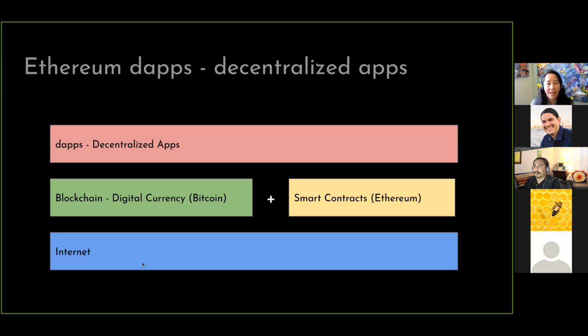So we all know the internet, and then I mentioned the blockchain, which was first built by Bitcoin using just a digital currency, and so it wasn't doing anything other than digital currency. Ethereum comes along, and they build smart contracts on top of it, and that allows you to place Turing complete programs on the blockchain. And so what that has allowed you to do is to build some really interesting decentralized apps on top.